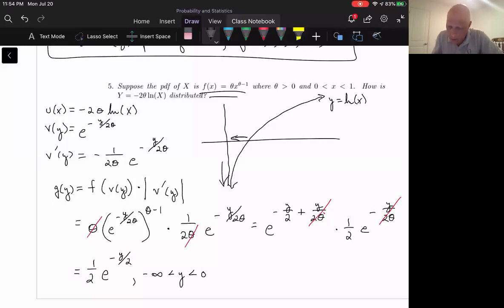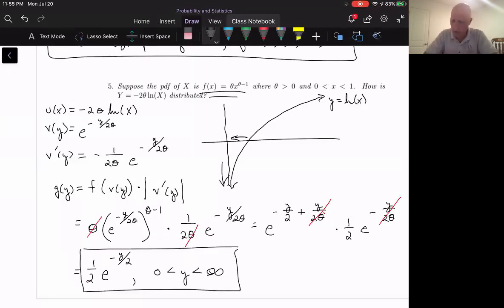So the natural log function is going to negative infinity, but you're multiplying that by negative 2 theta. So that actually means that this should be flipped. And your support is from 0 to infinity.